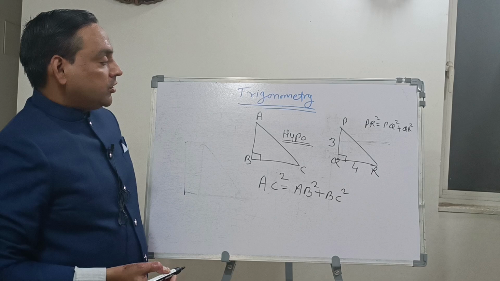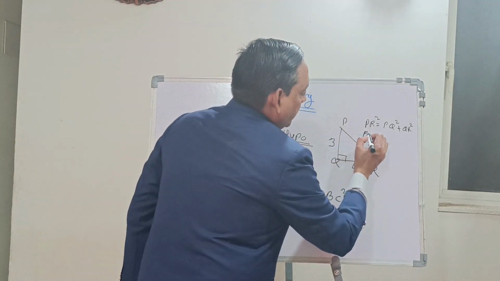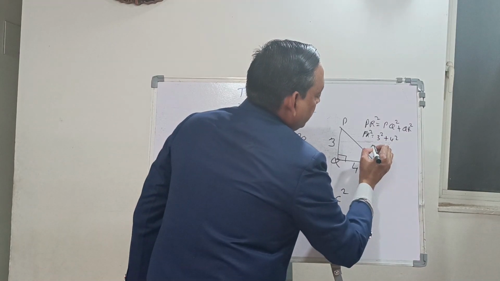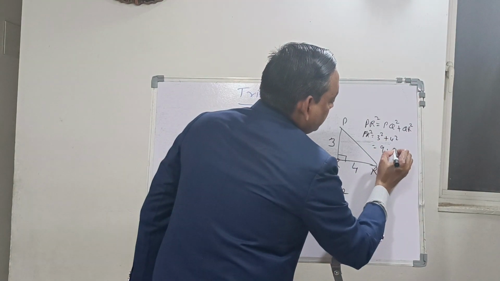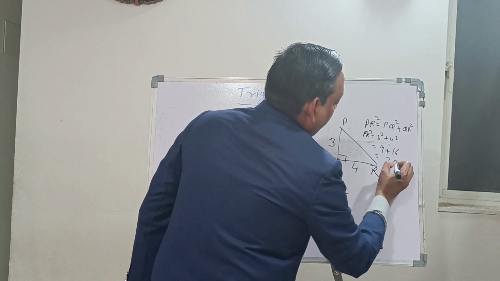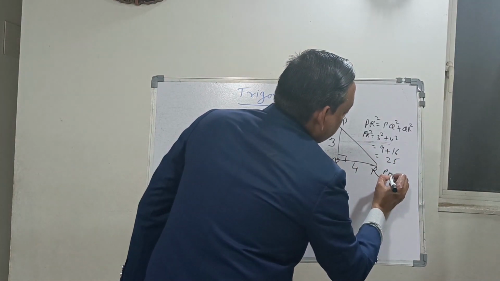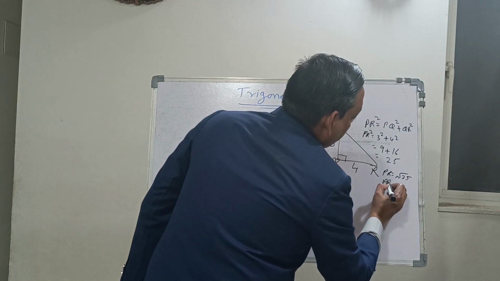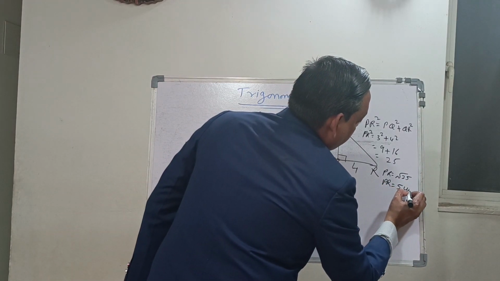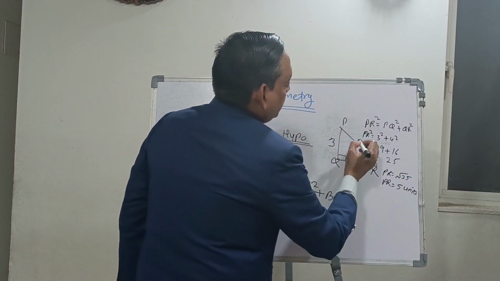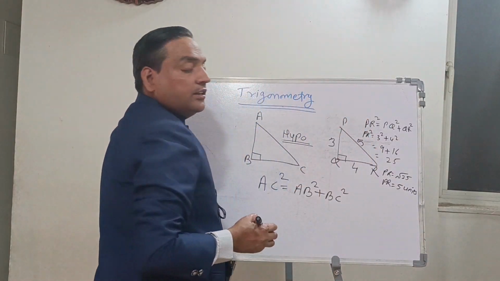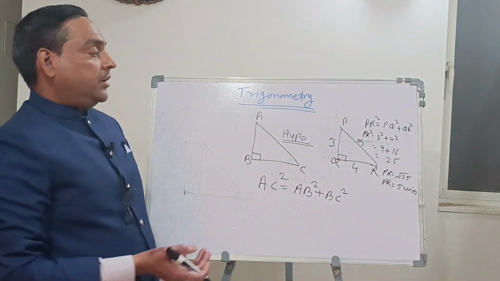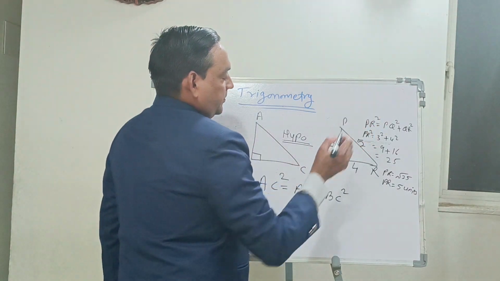Substituting the values, PR square is equal to 3 square plus 4 square. 3 square is 9, 4 square is 16, and 16 plus 9 is 25. So PR is equal to root of 25, which is 5 units. So the hypotenuse is 5 units. If it is centimeter, then centimeter, or if it is meter, then meter.